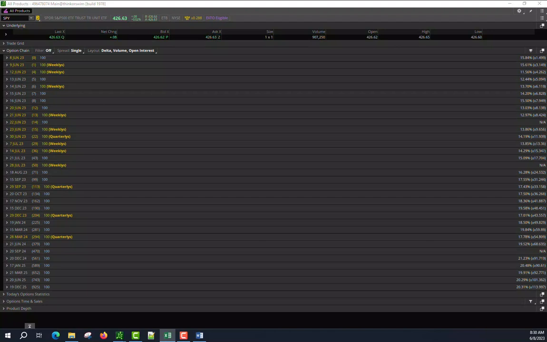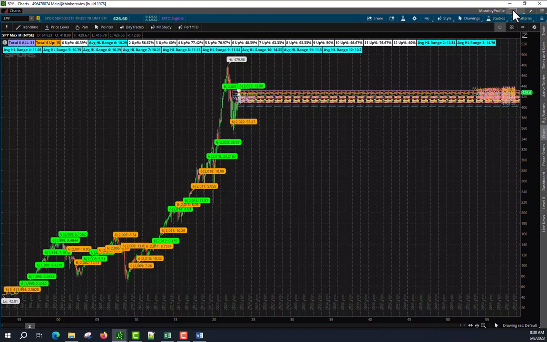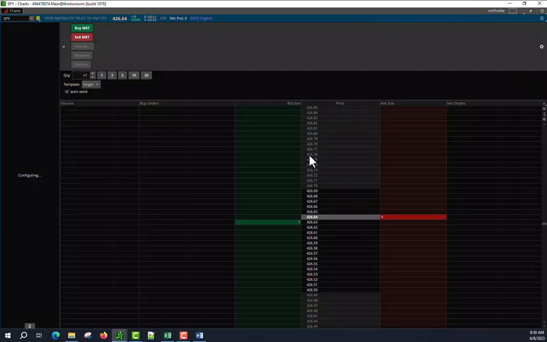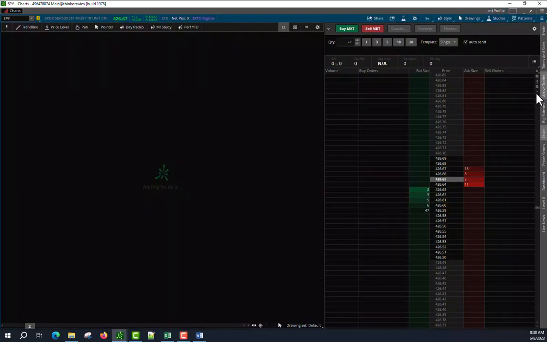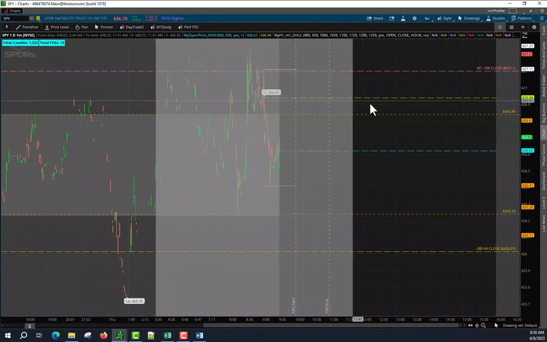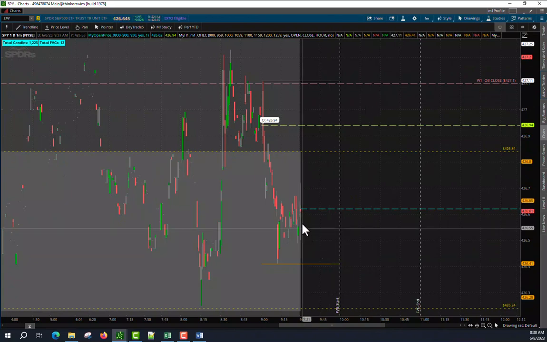Okay, hold on. Let's take a look at the 1 minute chart. What do we see? We want to see if the first candle is going to be an up close or a down close.